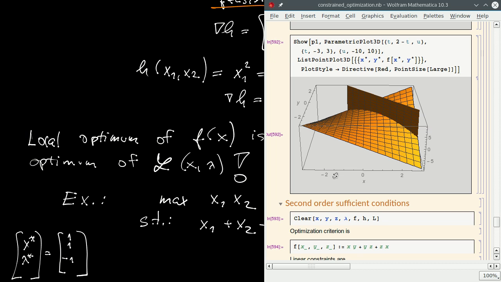Fine, but is it also true that the Lagrangian function is maximized?